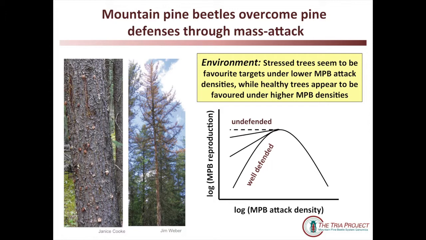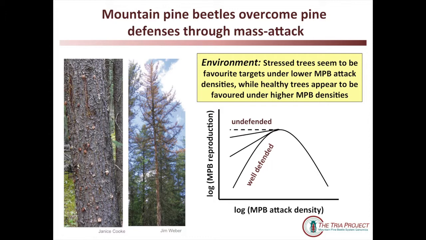And this is borne out from the studies that, say, Kathy Bleicher has done in BC, that at low population levels, it's the stressed trees, the older trees, the weaker trees that tend to succumb to attack, whereas at the higher epidemic levels, it's those large healthy trees that are attacked.